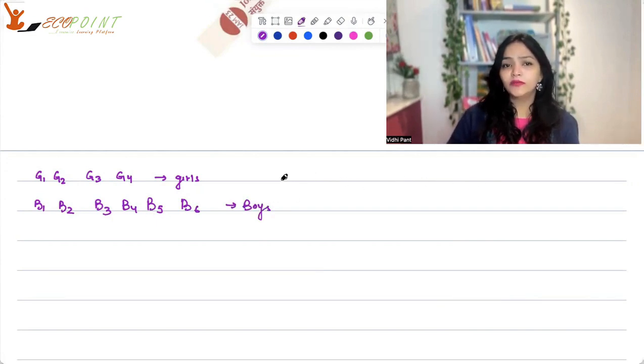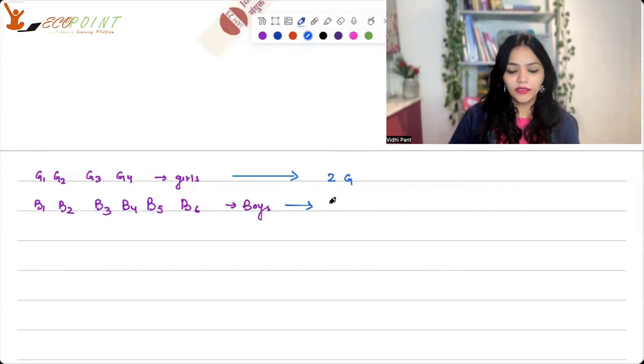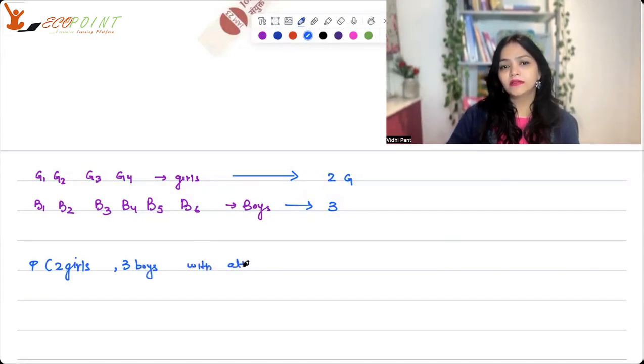A team of 5 is to be formed, and they want 2 girls from these 4 girls, and 3 boys from these 6 boys, with at least B1 or B2. What will this probability be?